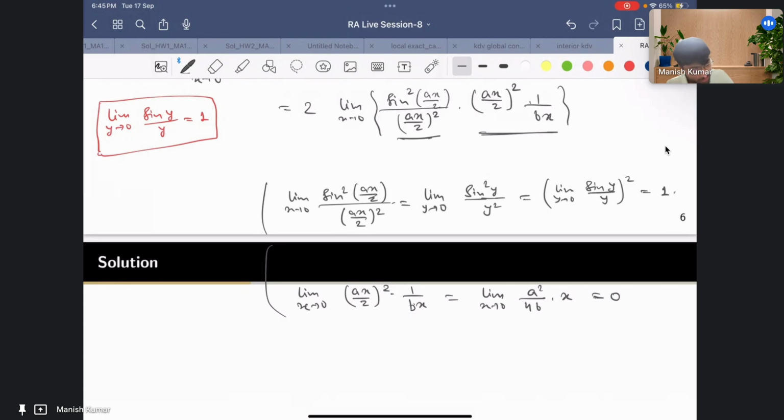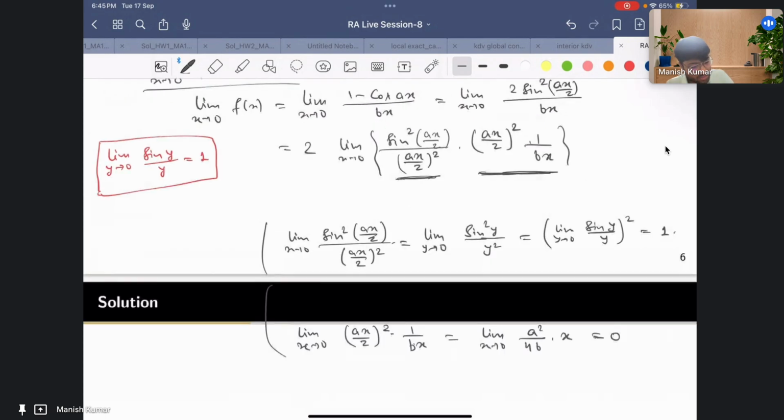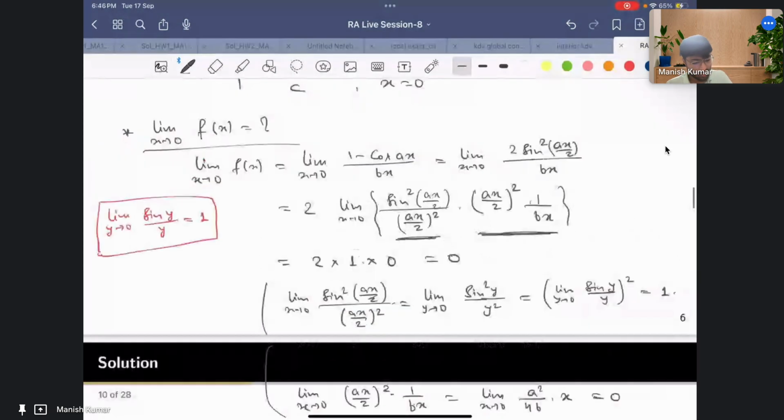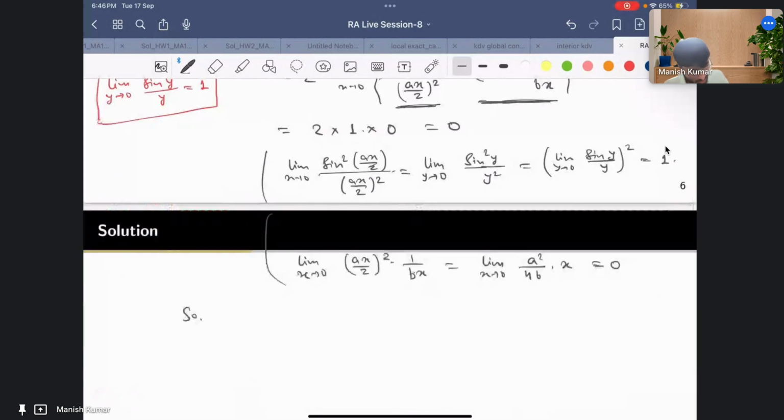You know that the limit of each factor exists, so the limit of the product will also exist, and the value will be the product of the limits. So this is 2 into 1 into 0, which is eventually 0. So what we have obtained is that the limit of this function as x goes to 0 is equal to 0. Let me write, limit x going to 0 f of x is equal to 0.